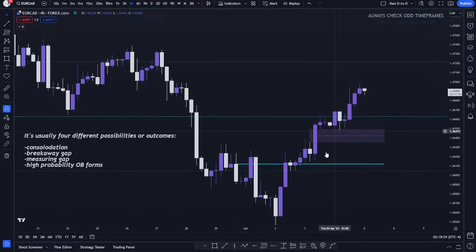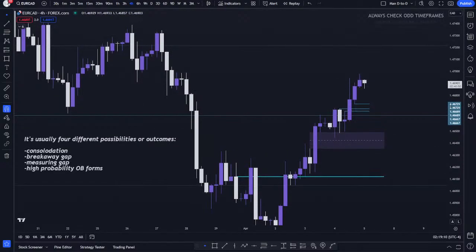The second thing that makes it a high probability order block is that it's aligned with a fair value gap right there, the one that we said could also be a breakaway. So we got an order block that's aligned with a fair value gap, creating a unicorn entry.